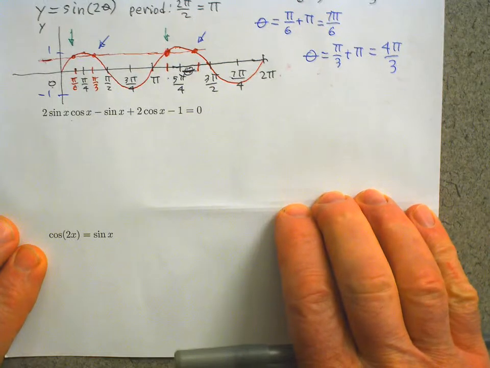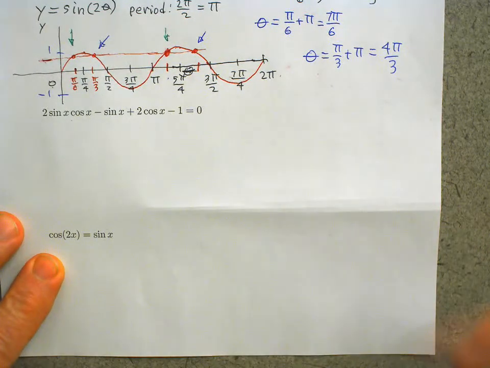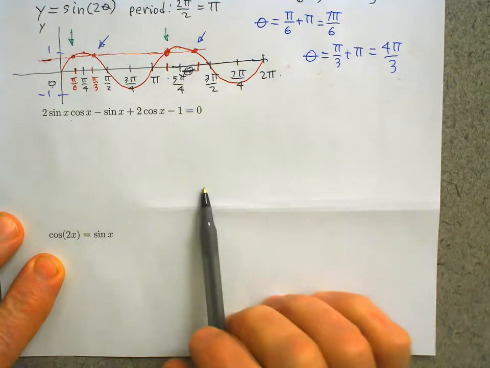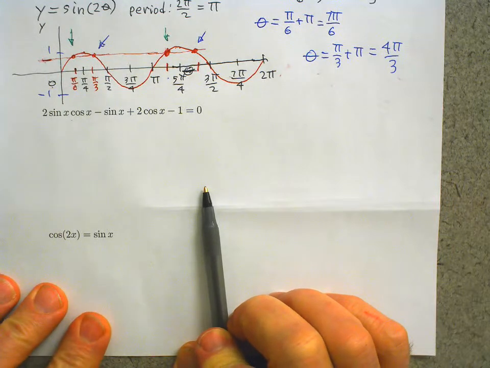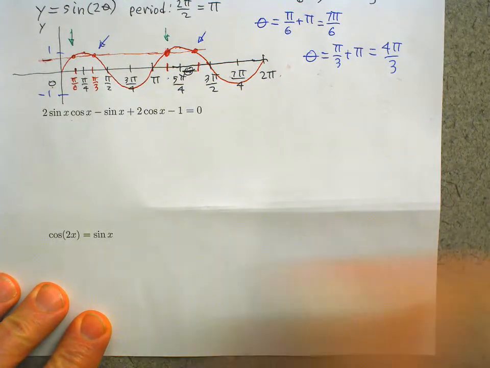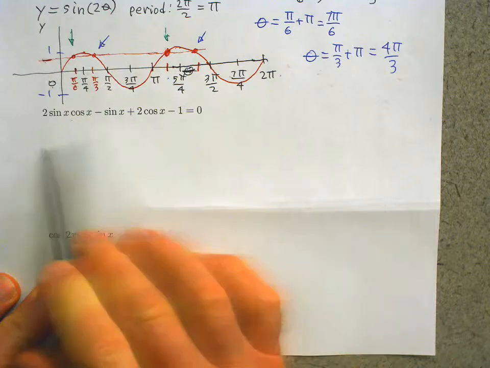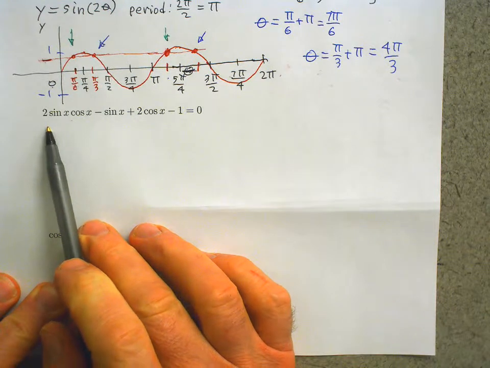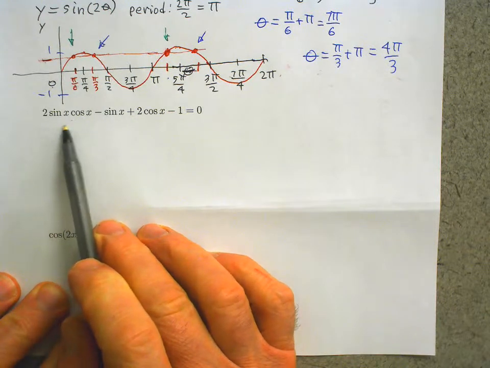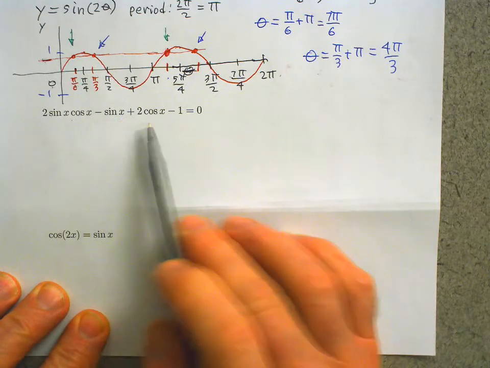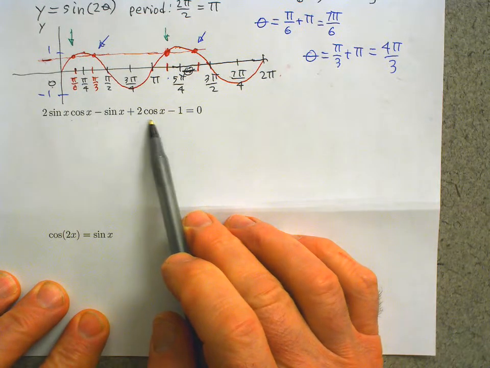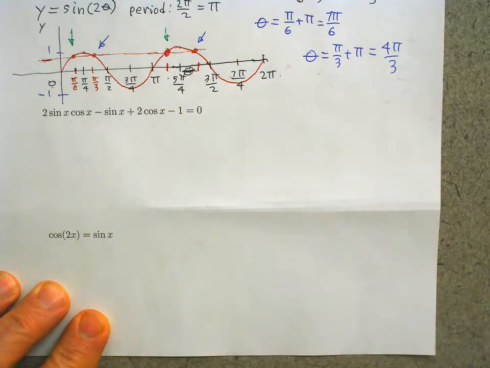And we can also use some identities whenever they're useful. So on this one, solve this equation: 2 times sine of x times cosine of x minus sine of x plus 2 times cosine of x minus 1 equals 0.